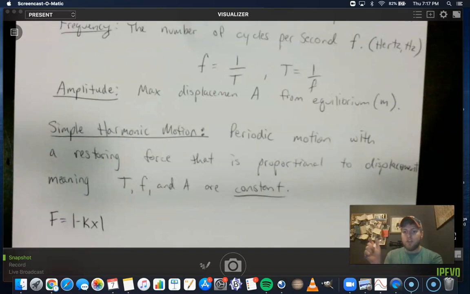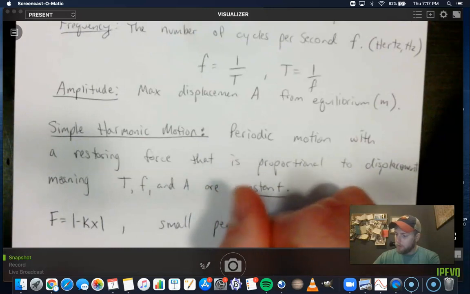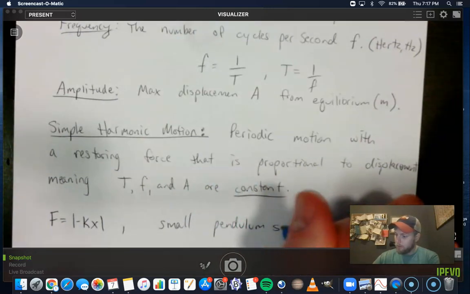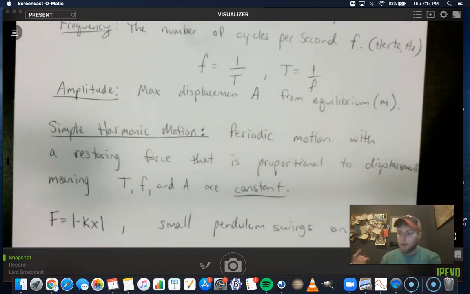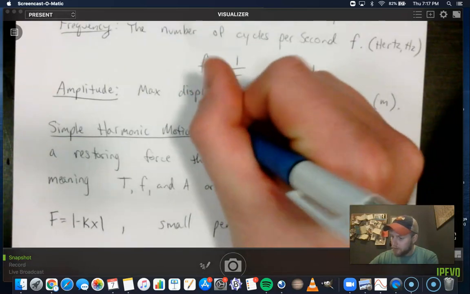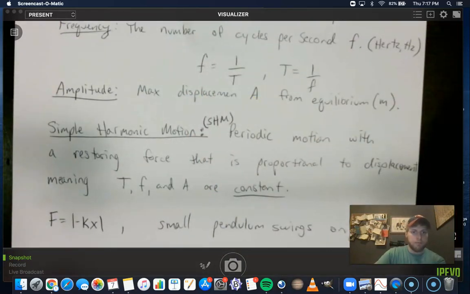When you keep a pendulum's swings small only, then you have simple harmonic motion. I forgot to mention this, but often we'll shorten that to SHM for simple harmonic motion.